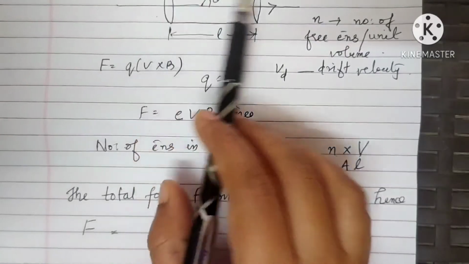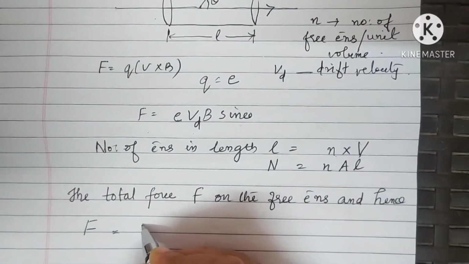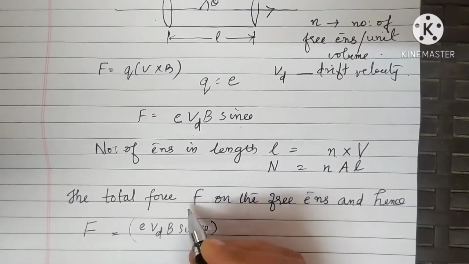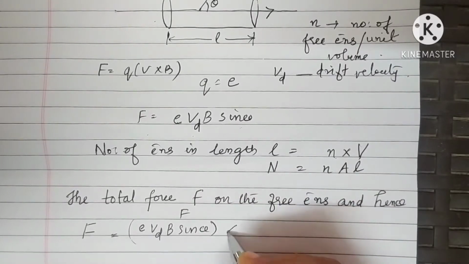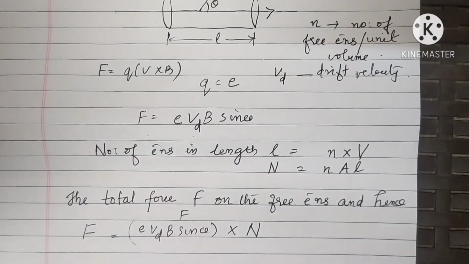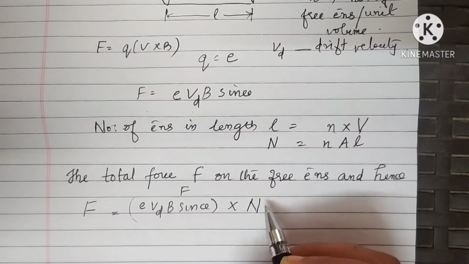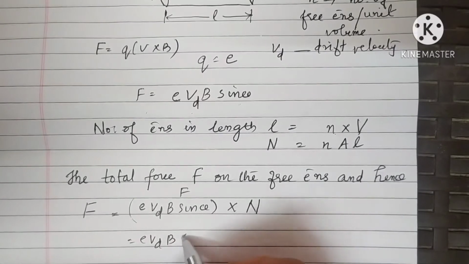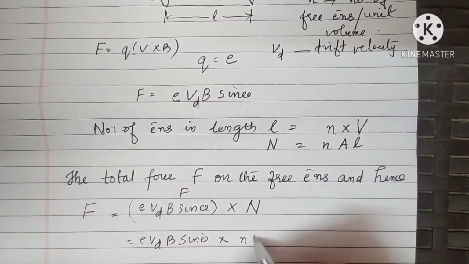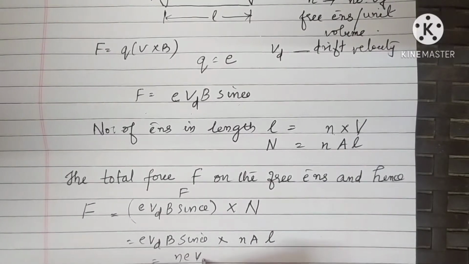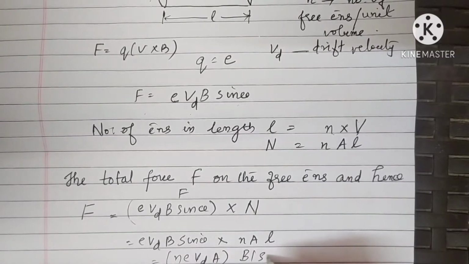So if you want to find the total force on this particular length L, you can write it as e Vd B sin theta, that is the force on each electron, into the number of electrons in that length L. So for this N you can substitute the value small n A L. So e Vd B sin theta into small n A L, which with just rearrangement is n e Vd A into B L sin theta.